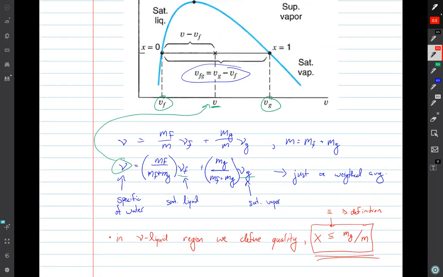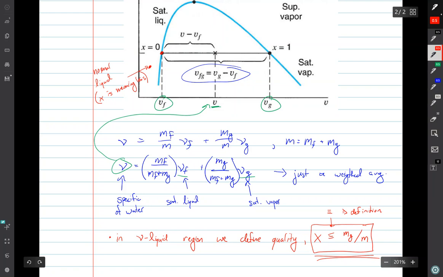So you can see it here. A quality of 0 down here means we're entirely saturated liquid. If we're over here somewhere, this would be a normal liquid or a compressed liquid, and quality is meaningless.